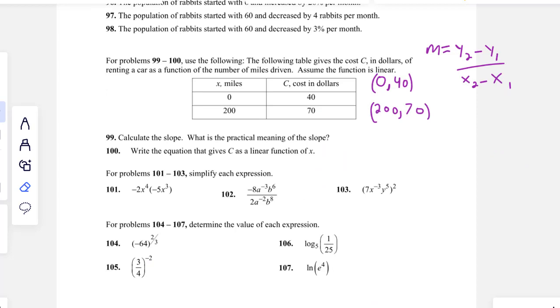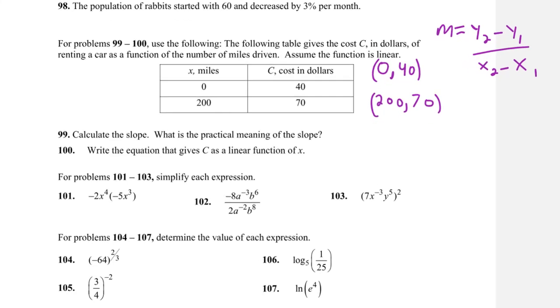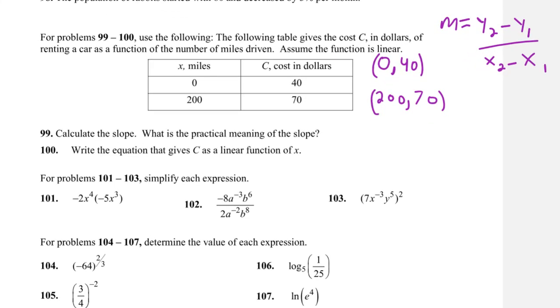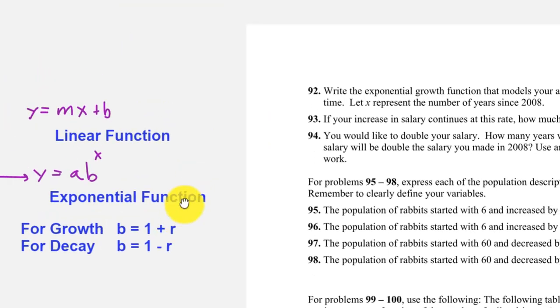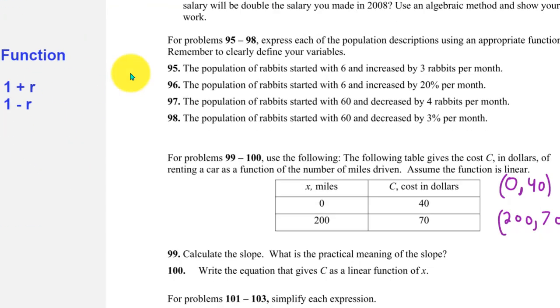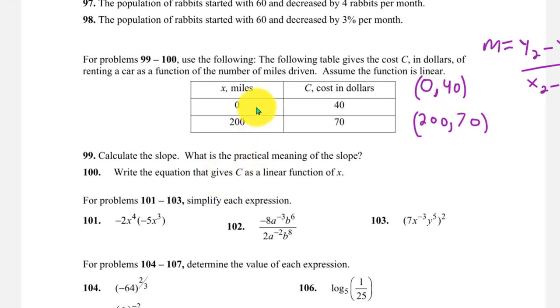So let's take a look at problem number 99 and 100. It says the table gives the cost in dollars of renting a car as a function of the number of miles driven. Assume the function is linear. So right away, if it's a linear function, again, we know we need y equals mx plus b. All right, so they give us some data, and I'm going to just temporarily change the letter c to y because you guys are used to x and y.